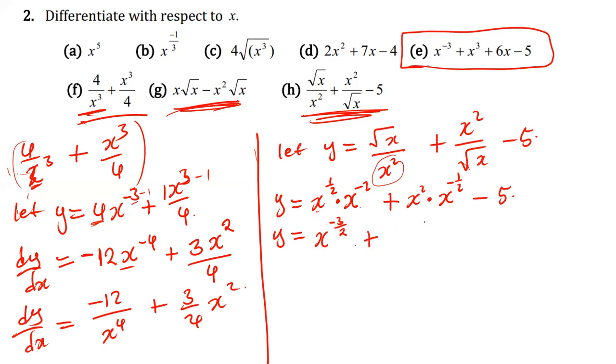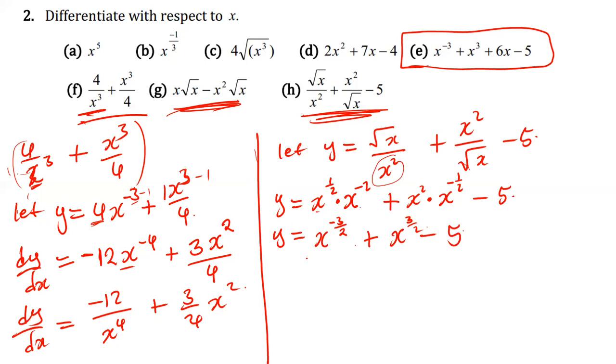Then we also have plus here. So when you add 2 and this one here, we're going to get x to the power 3 over 2. Okay, so this is what you're going to get. And then we have negative 5 this side.